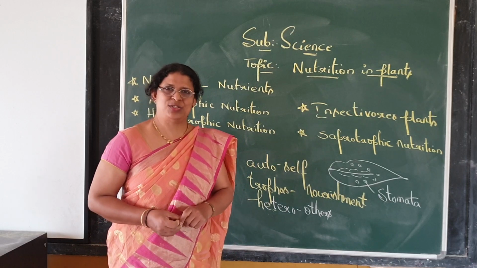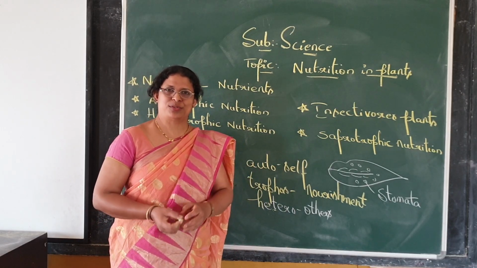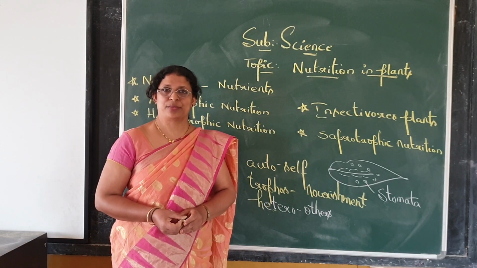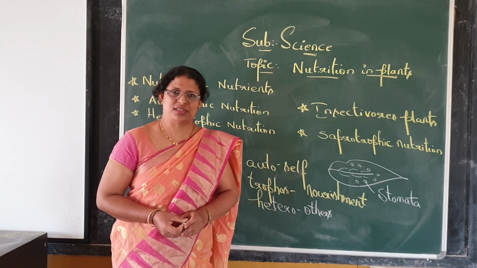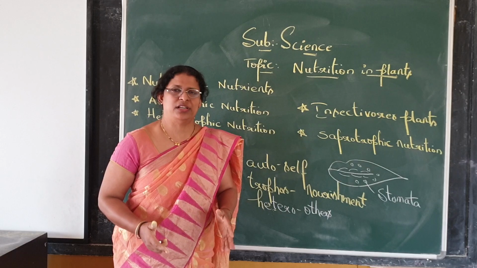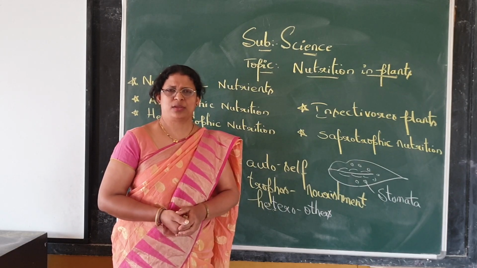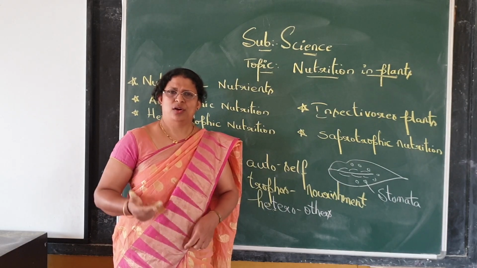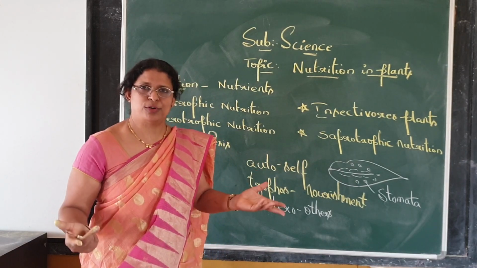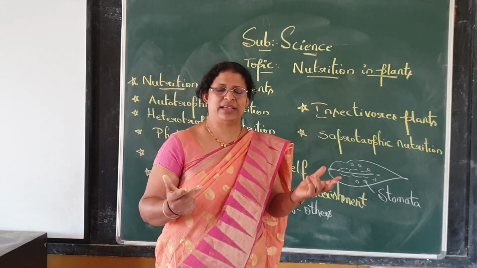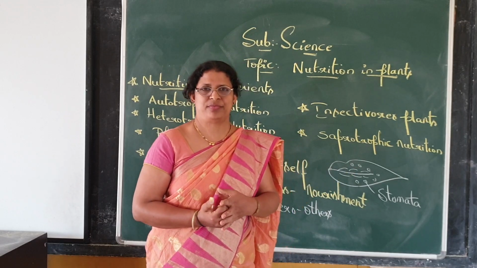Can you imagine a life without photosynthesis? Is it possible? No. Life without photosynthesis is absolutely not possible on this earth. Why? Because we will not be getting food from the plants.